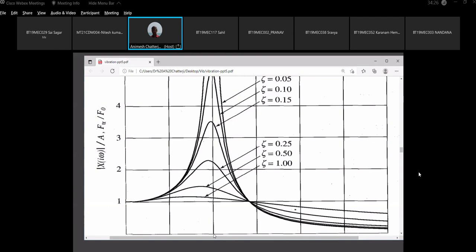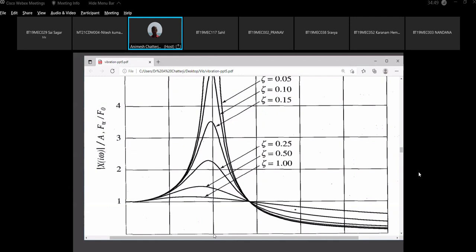Amplitude will increase more. That is the thing, the amplitude of the machine. And the amplitude of the machine is F0 by K multiplied by DAF.